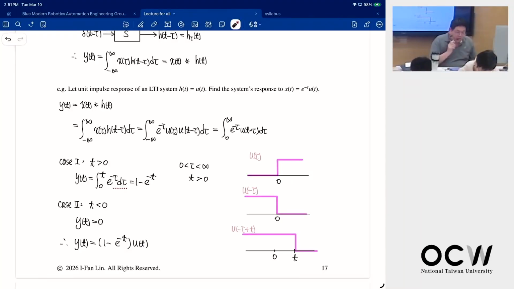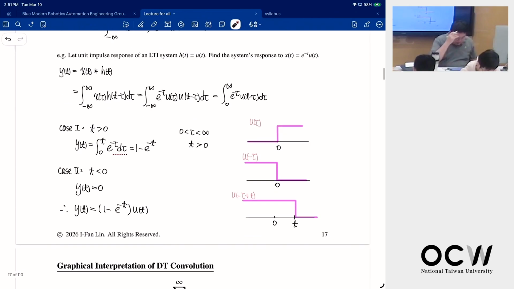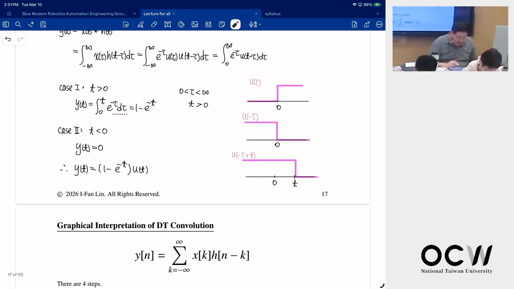Now let's look into the convolution. We have discrete time convolution and also continuous time convolution. First, let's have the graphical interpretation of the discrete time convolution.